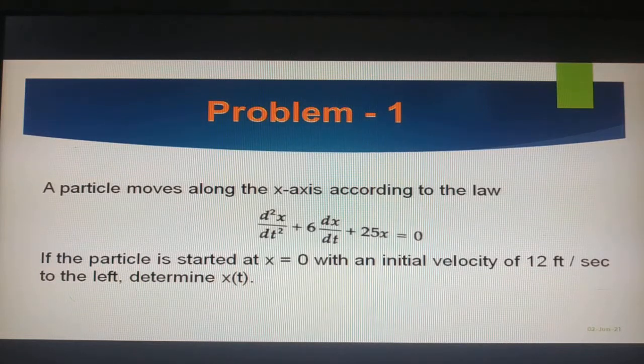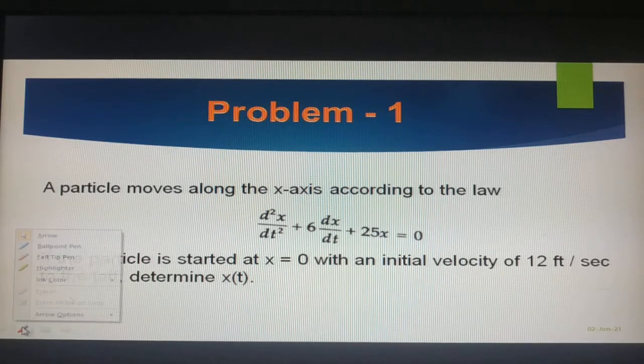So it's problem 1. A particle moves along the x-axis according to the law d square x by dt square plus 6 dx by dt plus 25x equal to 0. So this is the differential equation given.